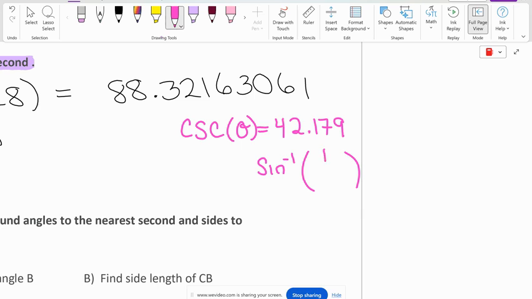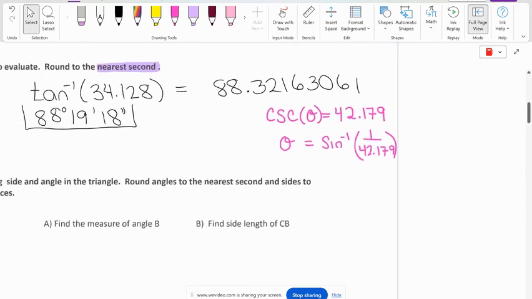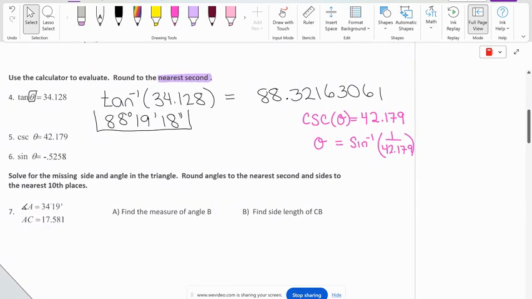So it's 1 over 42.179. And now I want you to round this to the nearest second and tell me what you get. I'm doing it on my calculator. I could show you. Let's go to our calculator.